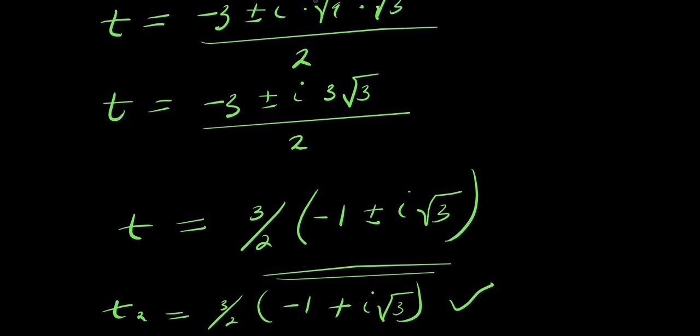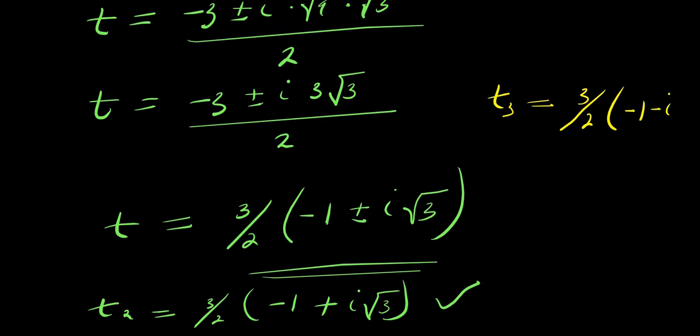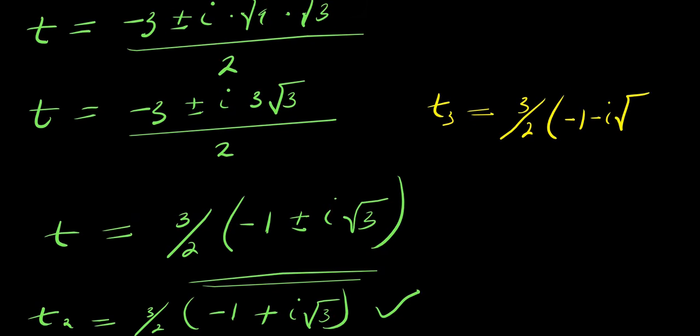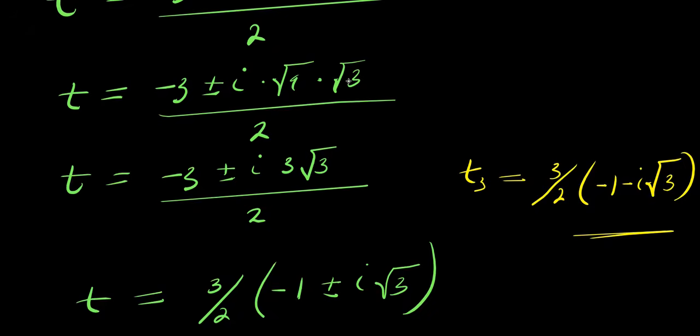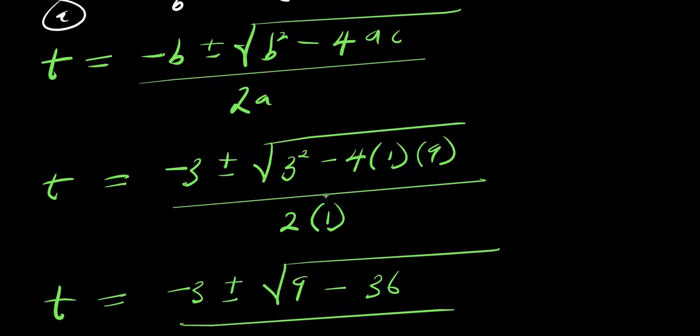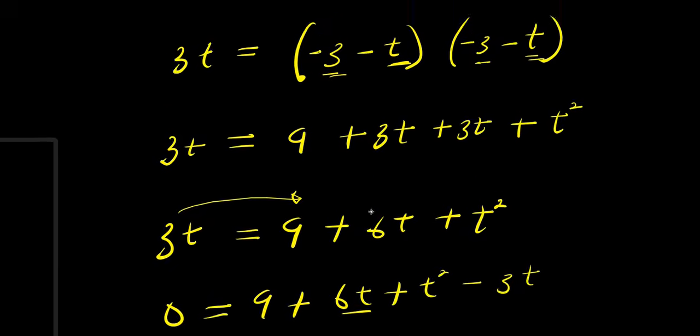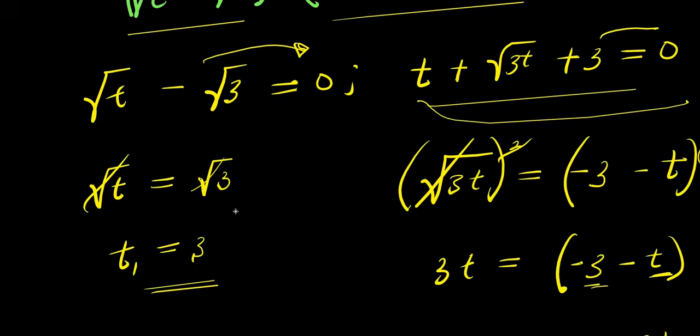And also we have t3 equals 3 over 2 of negative 1 minus i root 3. So these are the two complex values for t. We also have one real value for t, which is t equals 3.